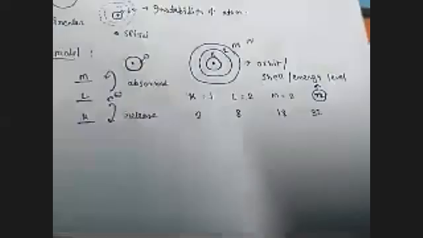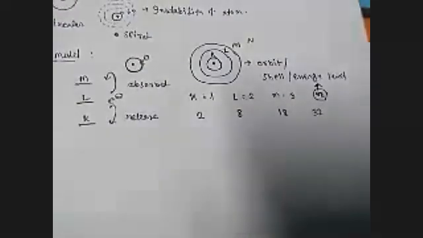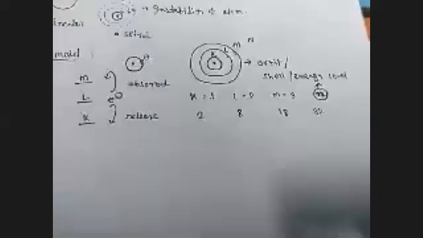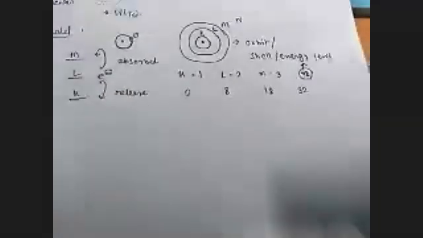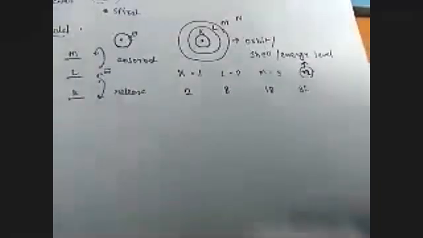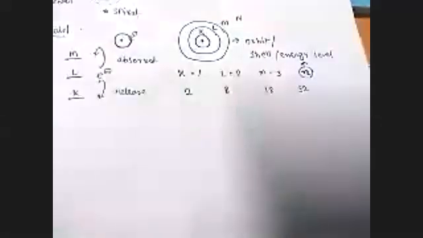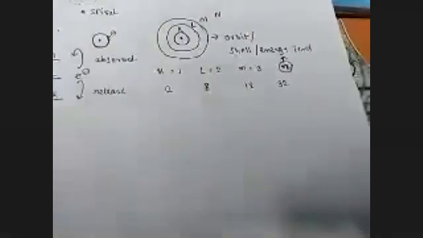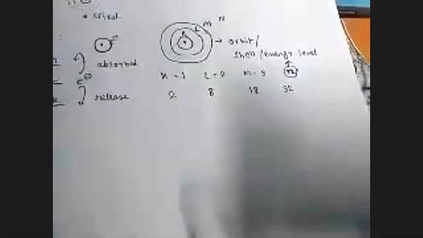Now do the heading: symbolic representation of atom. Basically it gives the atomic number and mass number relation.